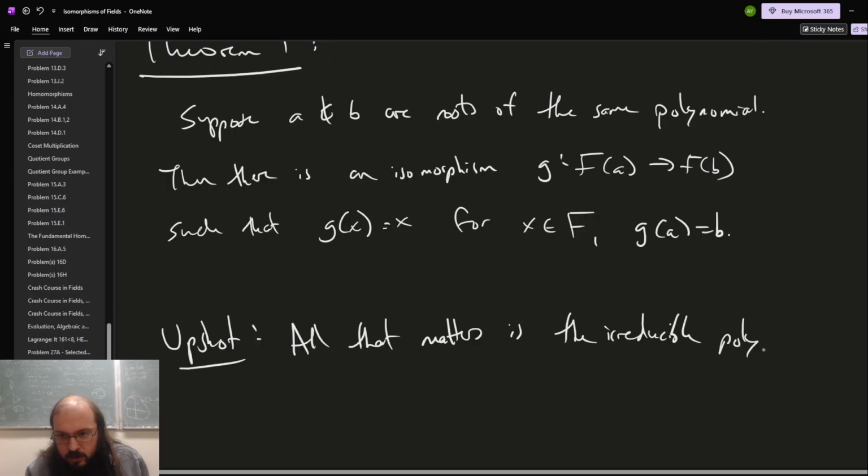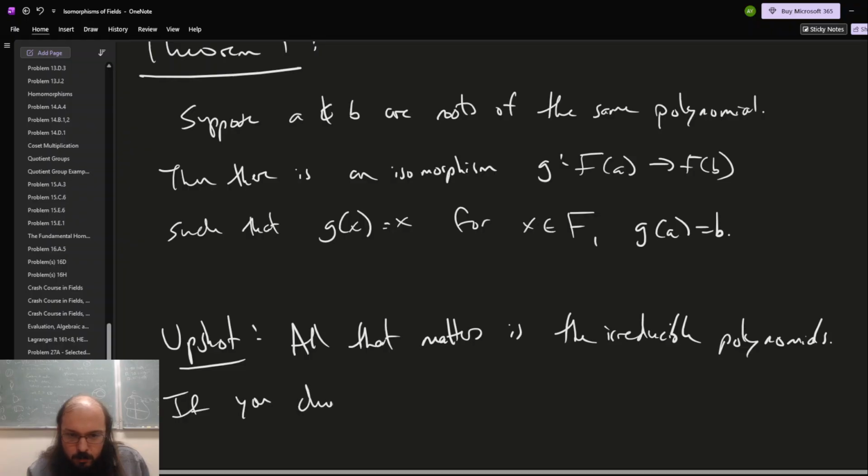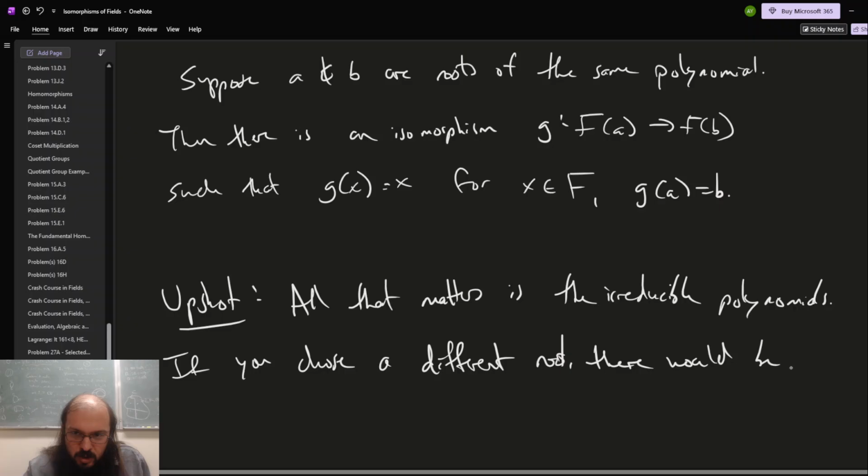Because the roots are then all distinct from what we saw last time. And if you ever need to do a calculation where you choose a different root, there would be an isomorphism between the situations.